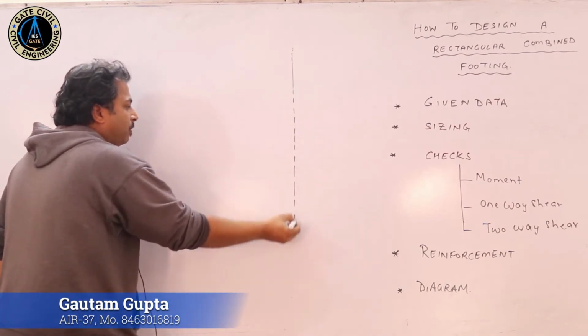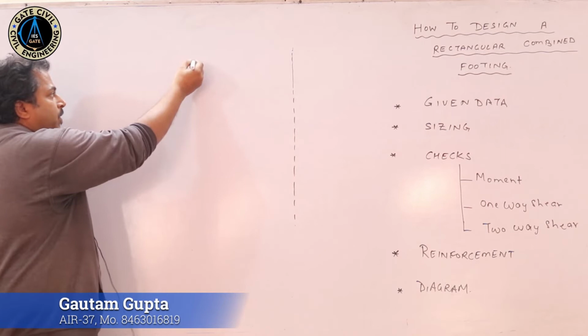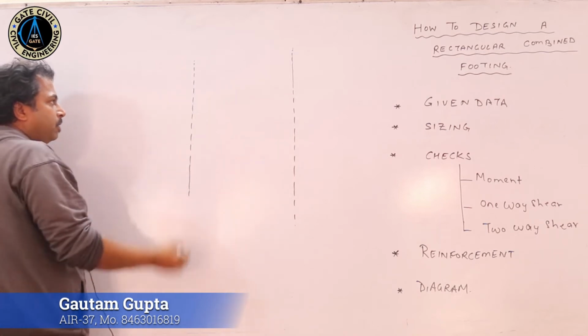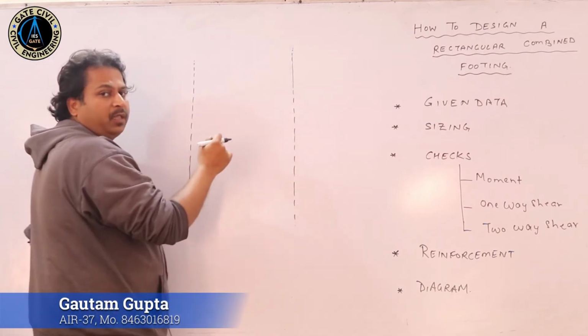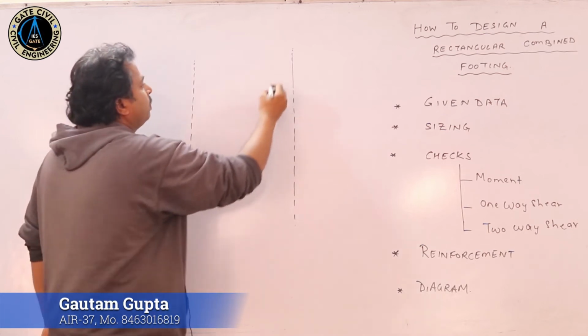Now, for an elementary profile of a combined footing, just see here. Suppose this is the first column line, this is the second column line. I will be making the elevation as well as the plan view.